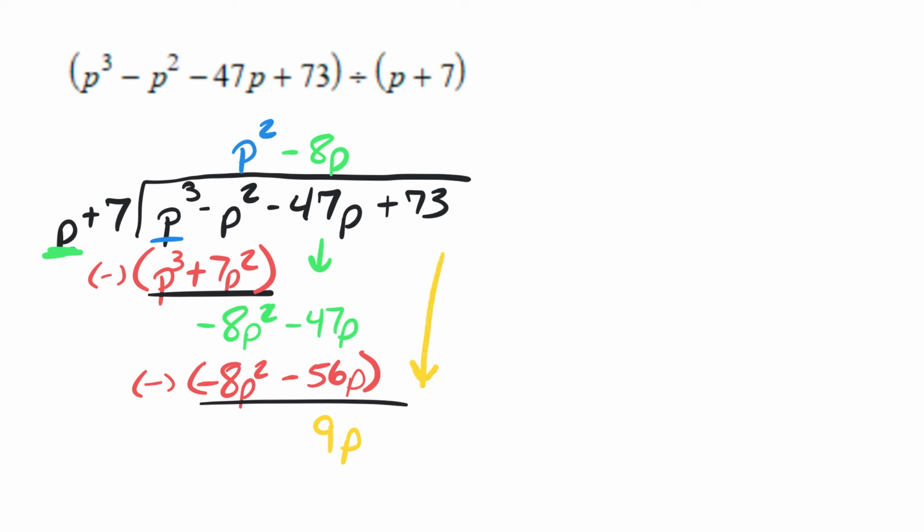And the 73 is going to take a nice long trip down. How is that 9p? Negative 47, and then ends up being plus 56 because the minus and negative turned it to plus. We do the opposite underneath on long division.